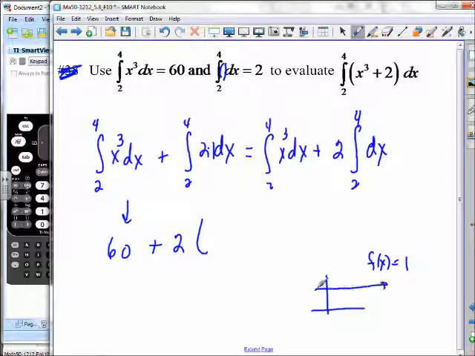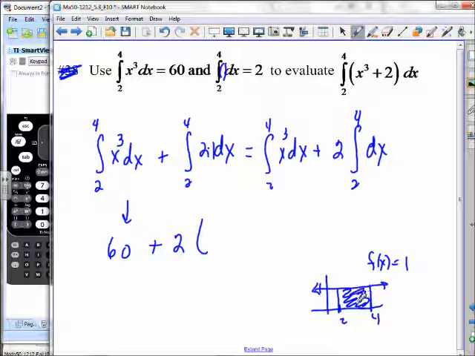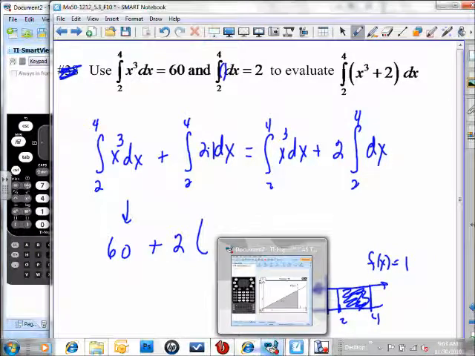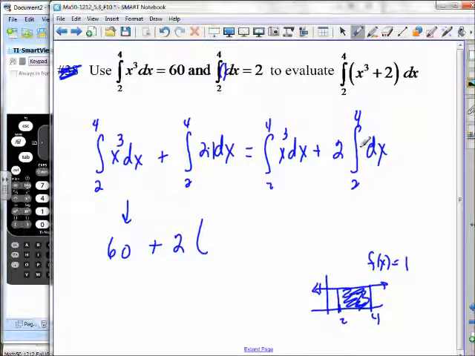You're at 1, and we're going from 2 to 4. So what would the area under that curve be? 2, yeah, and that's what it says. Okay, now I want twice that, and so this would be 2 times 2. Our answer would be 64.